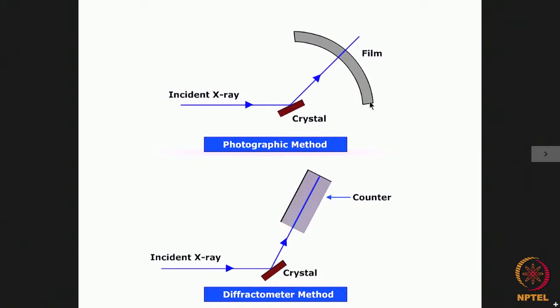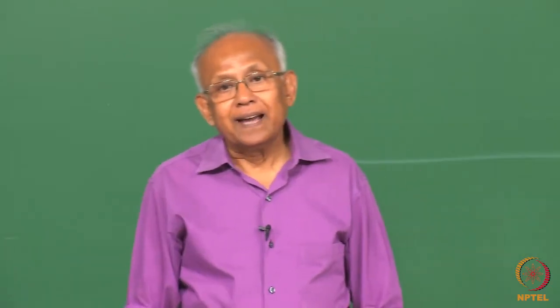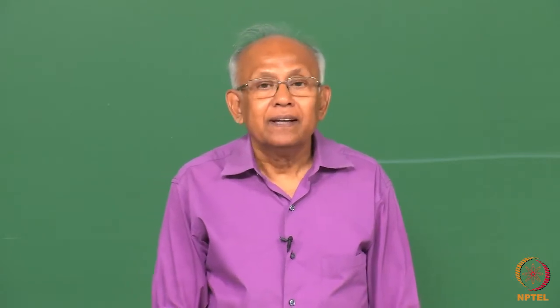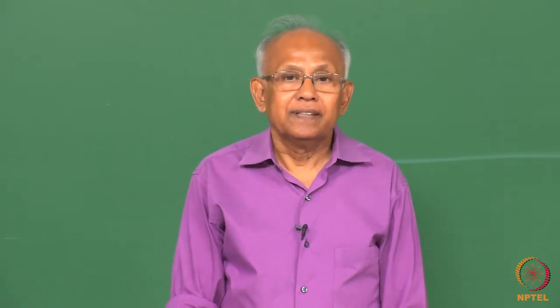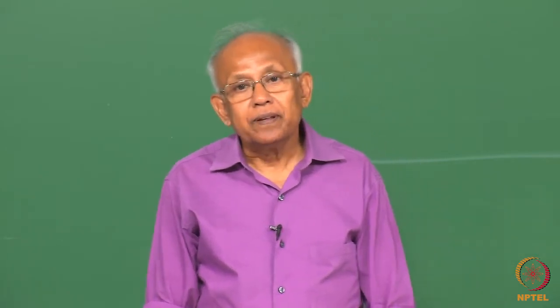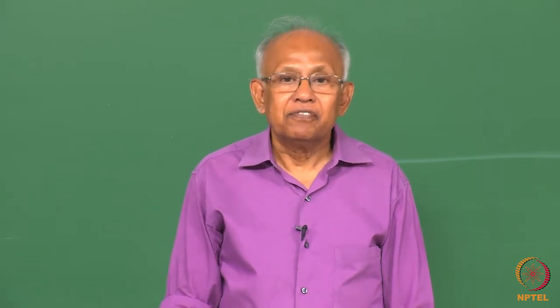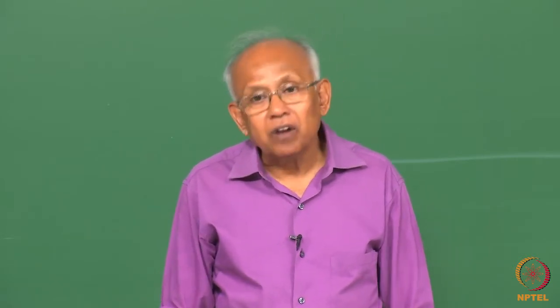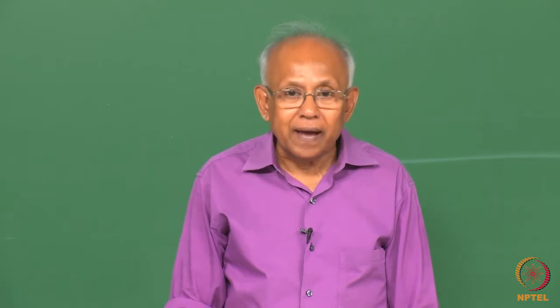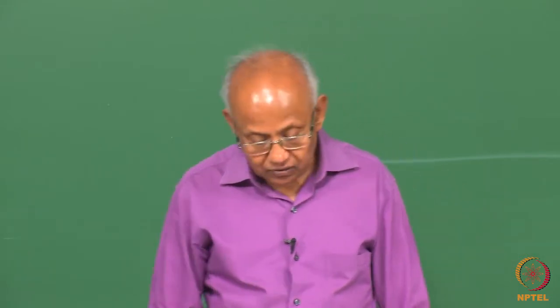So, this is the photographic method, so to say. Nowadays, the diffractometer method has become more popular, and most of the X-ray laboratories throughout the world do the diffraction work using a diffractometer. This is because of the ease of acquiring a diffraction pattern and other relevant advantages.